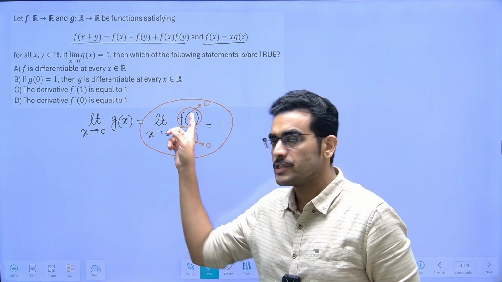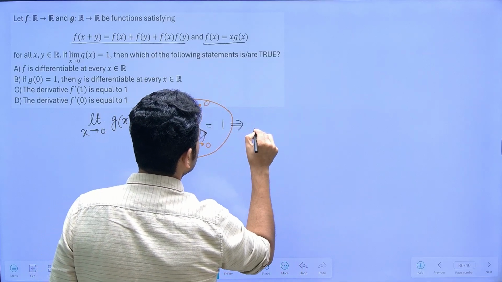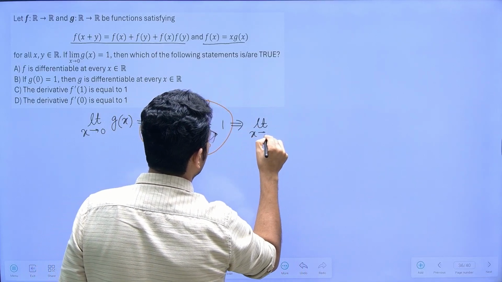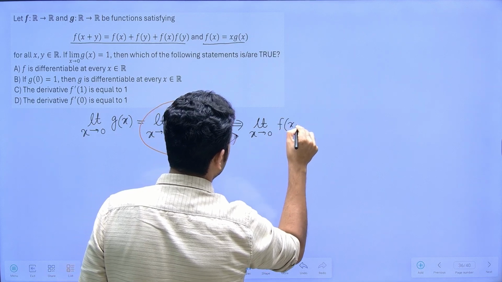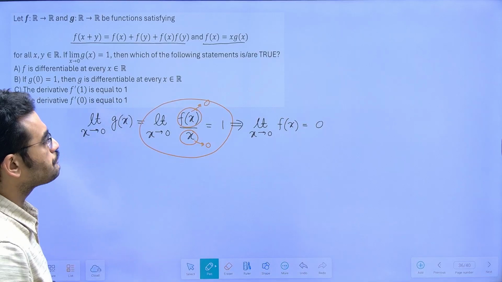It should be of the form 0 by 0. So this condition will automatically imply that limit x tends to 0, f(x) must be equal to 0.